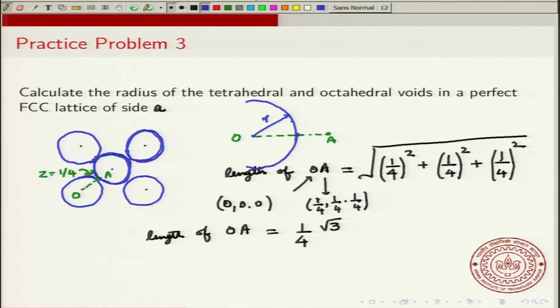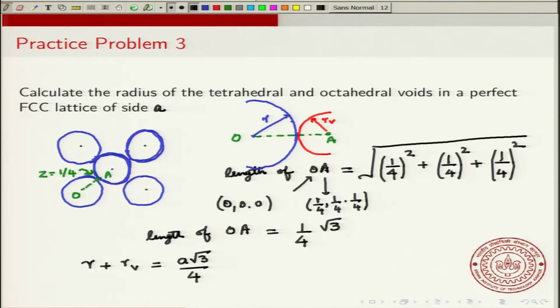Now clearly, for the tetrahedral void sitting at A, you have the relation: radius of this face center atom plus the radius of the void atom is equal to A root 3 by 4.